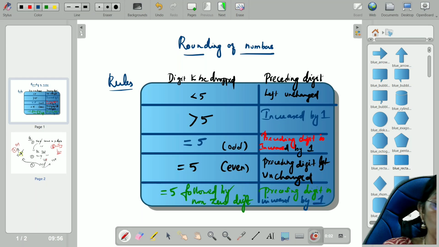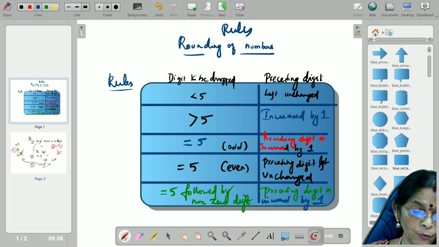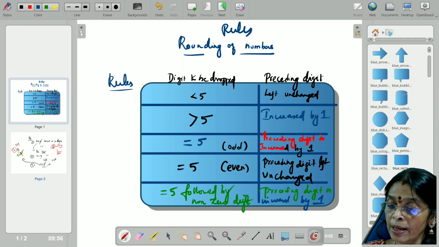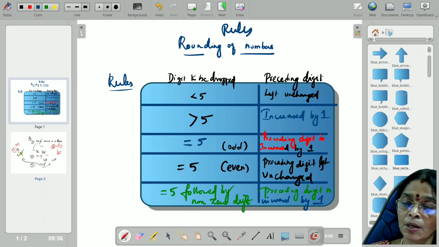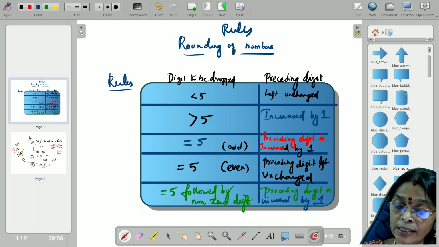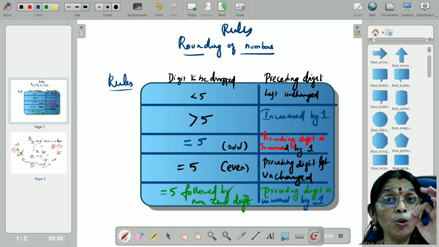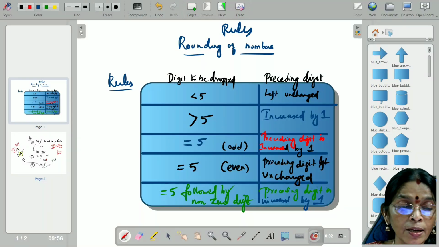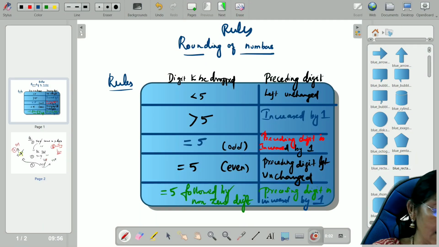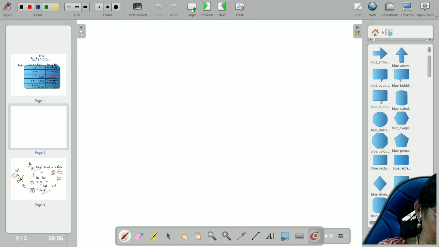So these are the rules for rounding off numbers. Let us see a few questions, children, then you will have high clarity of this concept. Today's concept is how to round off the numbers. I have given you the rules, so by knowing the rules, let us go to the next.